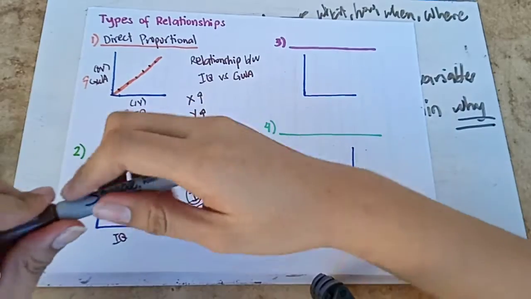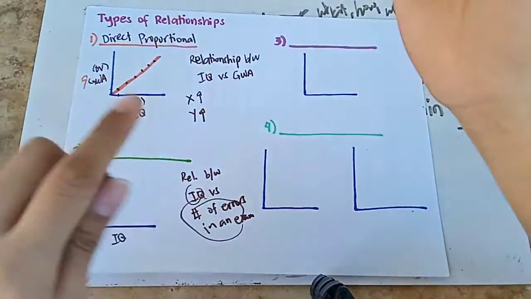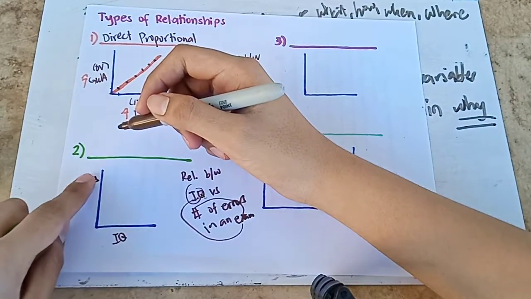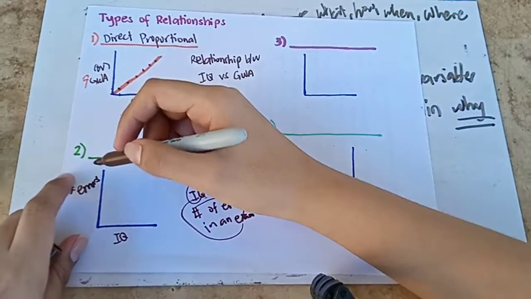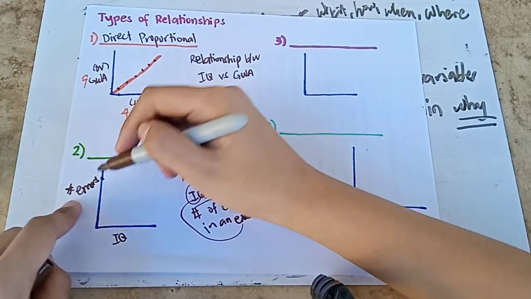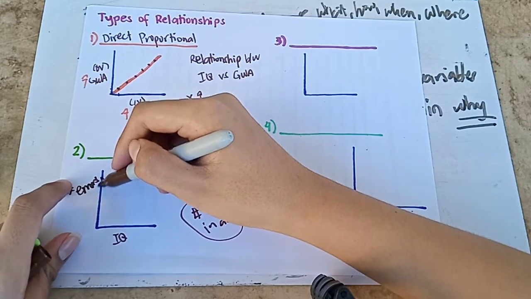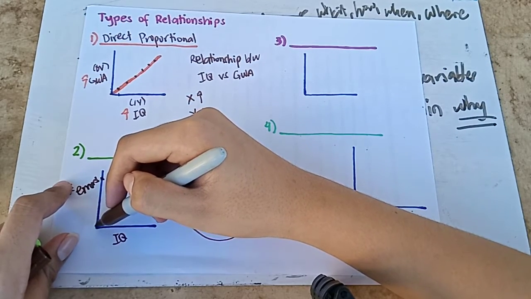So, let's say that a person achieves a high number of errors in an exam. Then his or her IQ will also be relatively low.